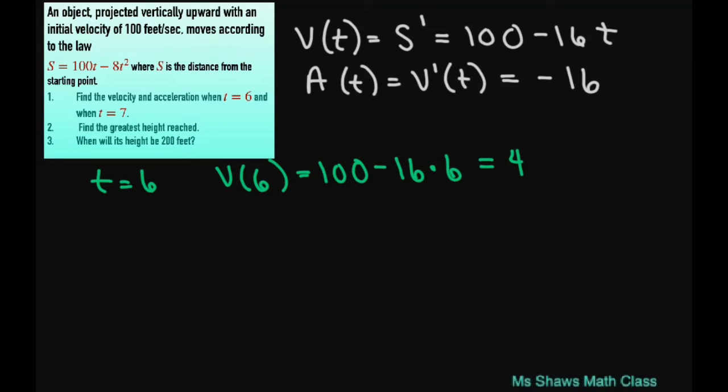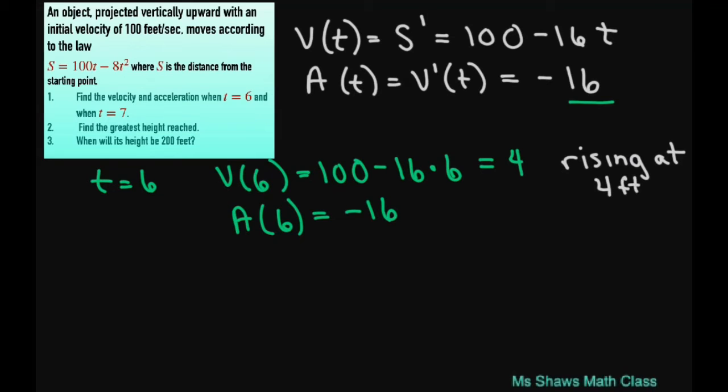And your acceleration at 6 equals just negative 16. So that means the object is rising at 4 feet per second.